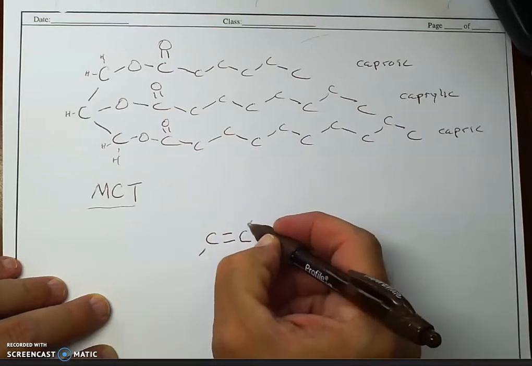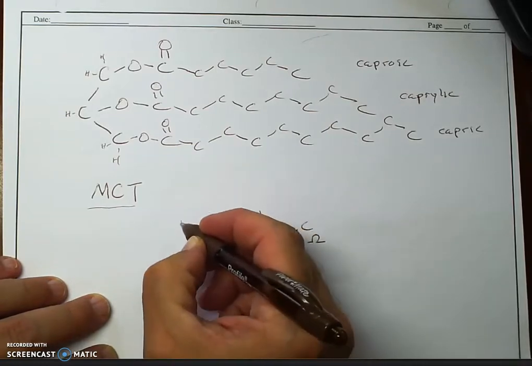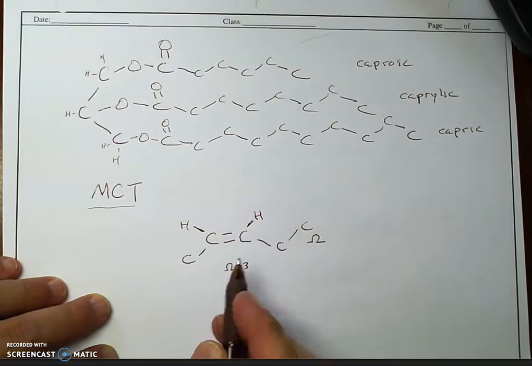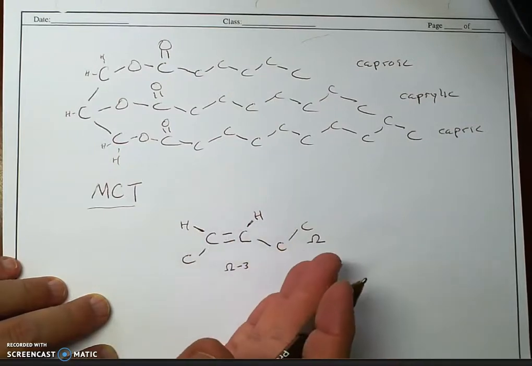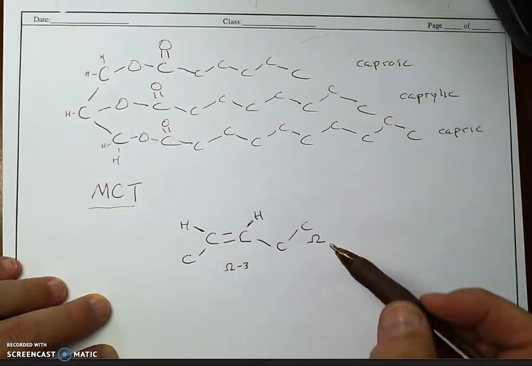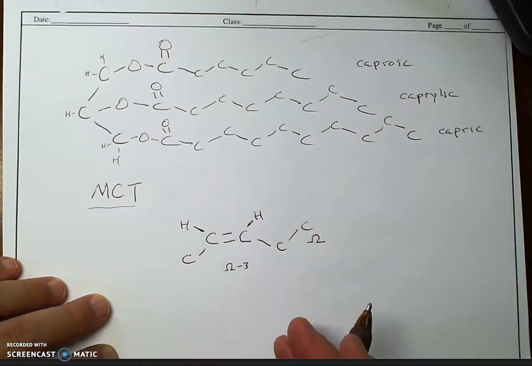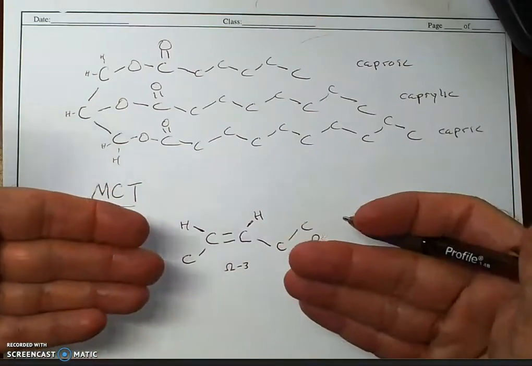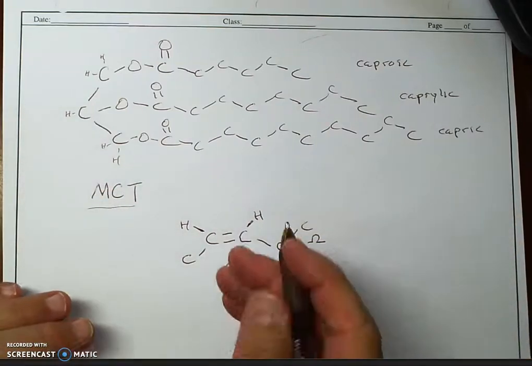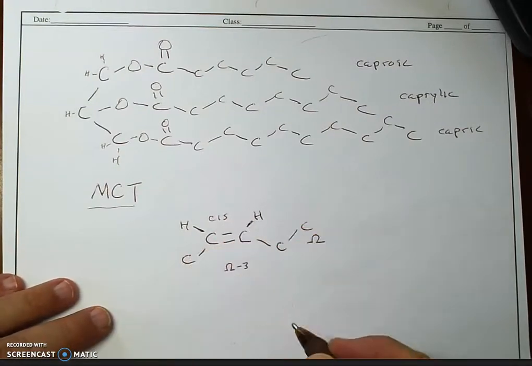And I talked about how the two hydrogens here, if they were both on the same side of the double bond, the way I've got it drawn, they're both on the top side. I could draw this thing vertically and have them both on the left or both on the right. I could have drawn this flipped over with both of them down, just so they're on the same side. That is called cis.